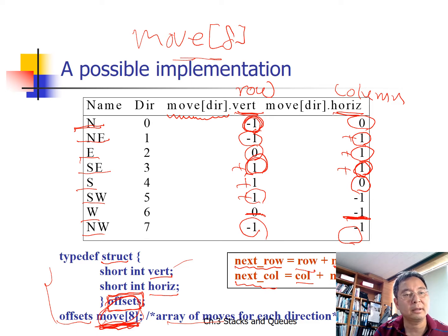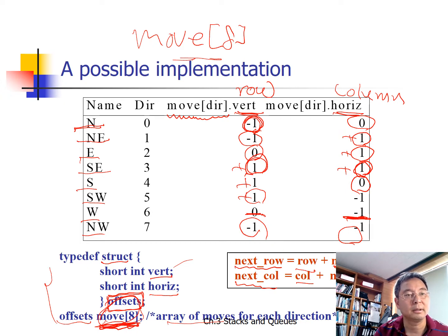At this point, dir means the possible directions, 8 possible directions.